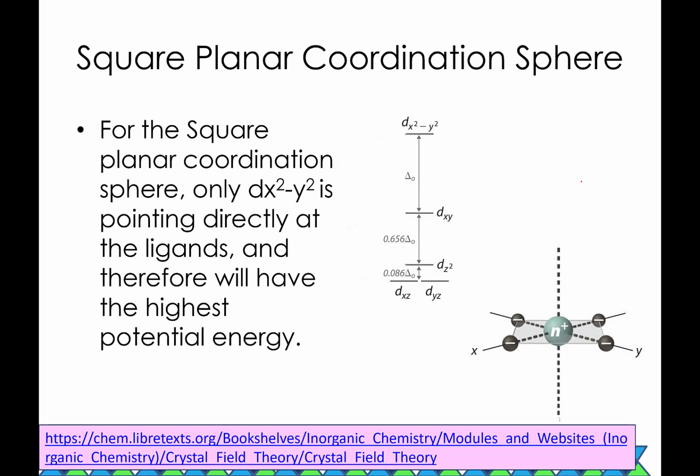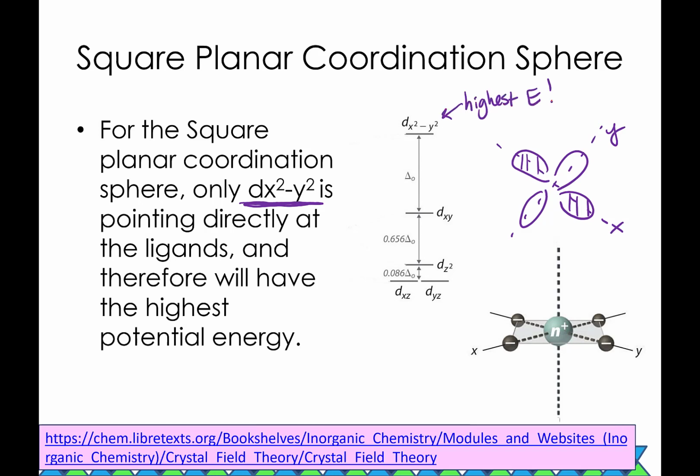I just wanted to also talk about what these splitting diagrams look like for other geometries. For the square planar geometry, the ligands are along the x and y Cartesian axes. And remember, your dx squared minus y squared is along your xy axes, so only your dx squared minus y squared is going to be pointing directly at your ligands. So it's going to be the highest energy.